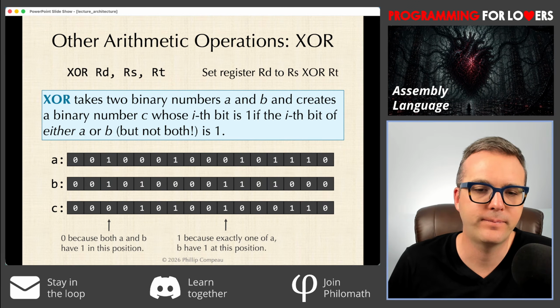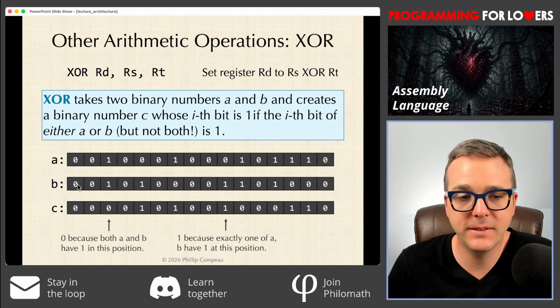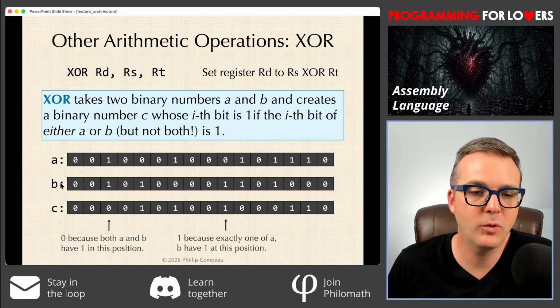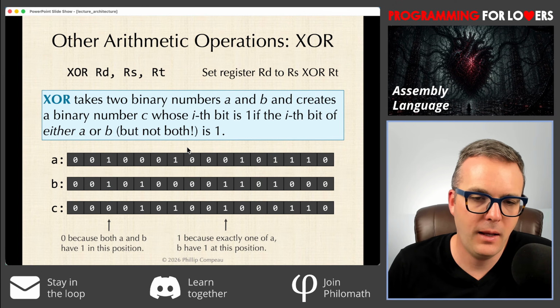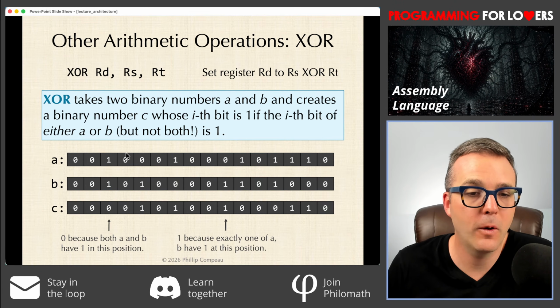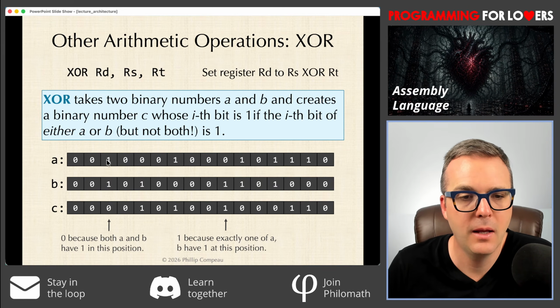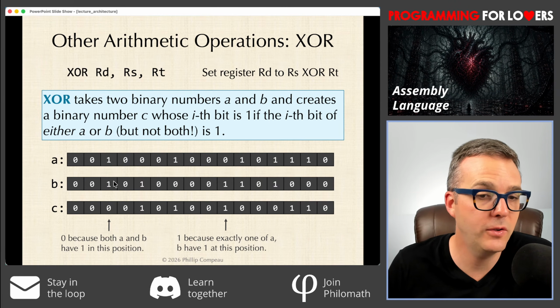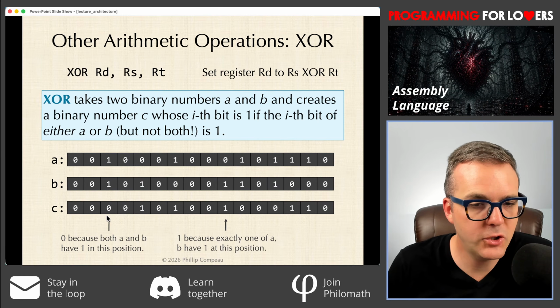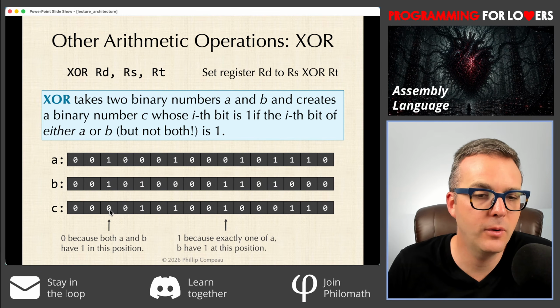Now, the XOR is different because the XOR says if it's the case that they're both true, and here's an integer A represented as a string of bits and another integer B, in this particular position, you see two ones. In this position in C, the XOR of these two numbers, you get a 0.